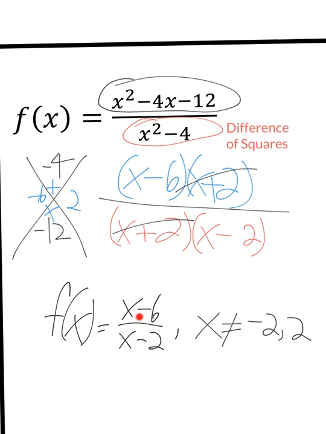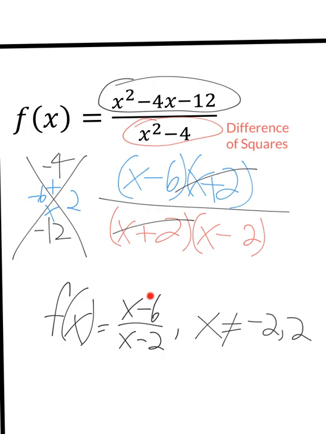Now this graph will look different than these two graphs, but it'll have the same y values where you have the x values. So if x is 10, the y is 10 minus 6 is 4, 10 minus 2 is 8. So that's 1/2.